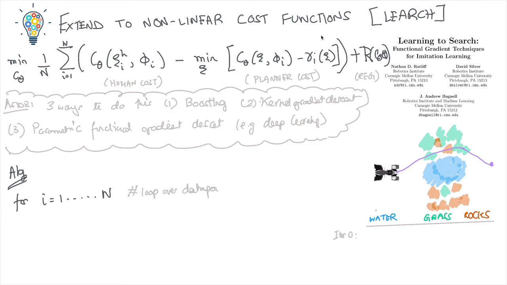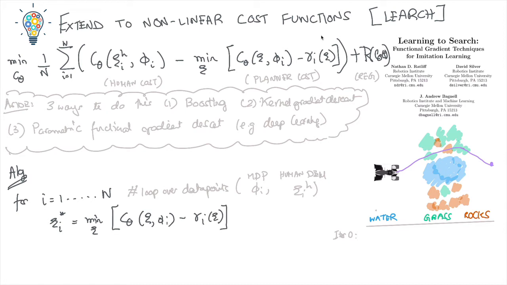Recall that each data point is a pair of an MDP, phi i, and a human demonstration, xi i h. For each data point, we compute the optimal trajectory xi i star. How? We do this by solving an optimization problem where we find a trajectory that has the minimum cost minus the margin. And typically you do this by calling a planner.